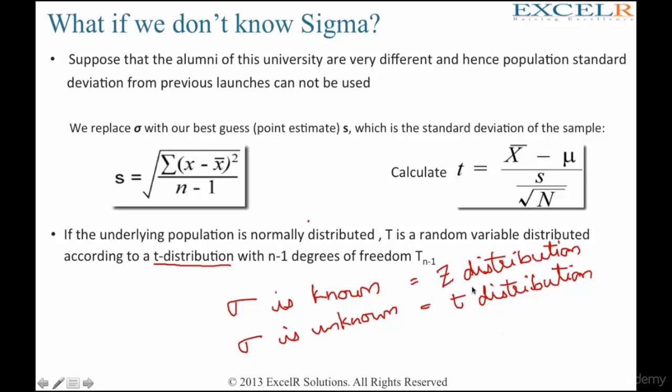And in the Z distribution, there is another condition saying that your sample size should be greater than 30. And for T distribution, if sample size is greater than or less than 30, in either scenario you can proceed with this T distribution. All right.